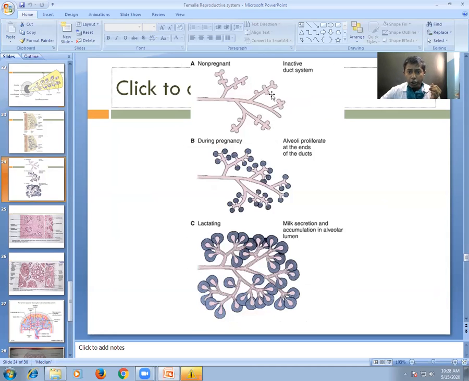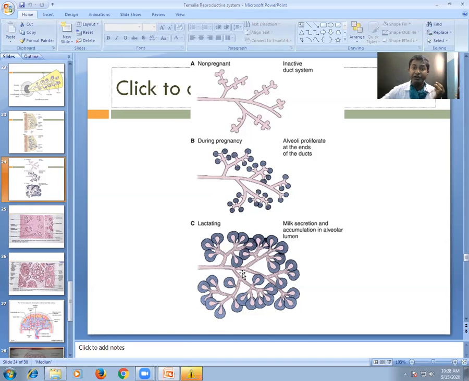So non-pregnant female में क्या रहता है? Only duct system. During pregnancy, this duct system proliferates. And lactation में क्या होता है? These are the alveolar acini along with the much developed duct system.